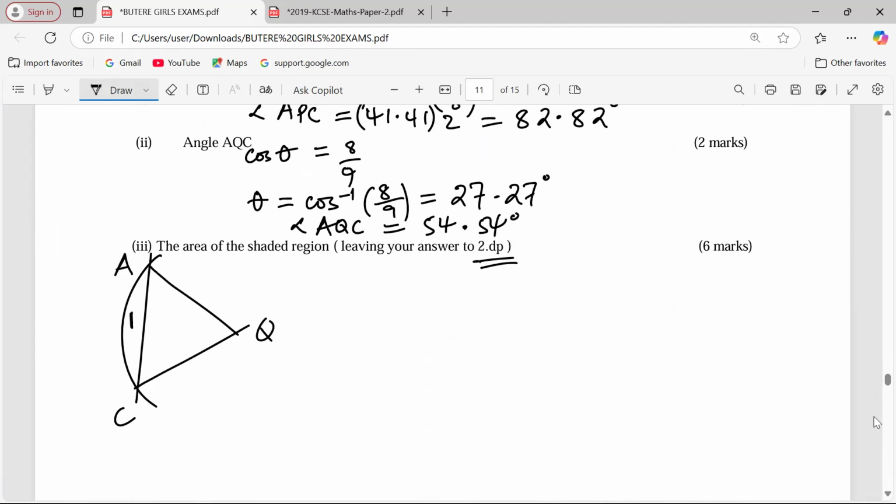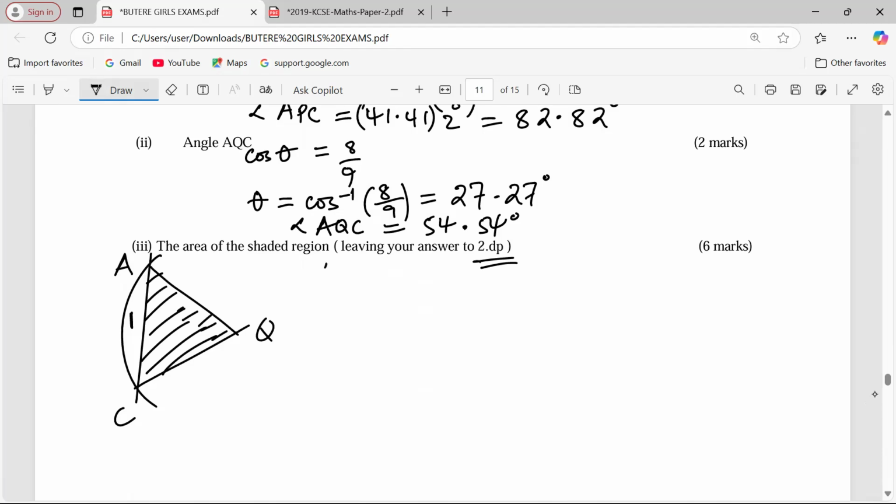So we need area of the sector minus area of the triangle for us to get the minor segment. So area of a minor segment is usually given by area of a sector, the whole sector AQC, minus the triangle inside this sector. So this is the triangle.